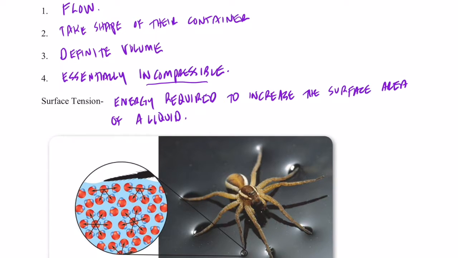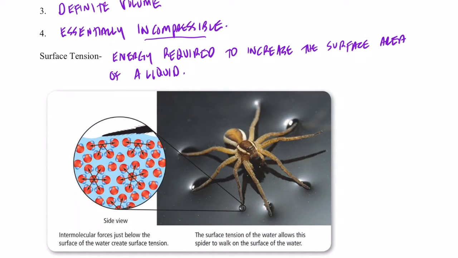And that's due to their intermolecular forces of attraction. The stronger the intermolecular forces of attraction are, and we're going to talk about those in an upcoming video, the more energy is required to spread that liquid out across the surface. So the energy required to increase the surface area of a liquid is called surface tension.